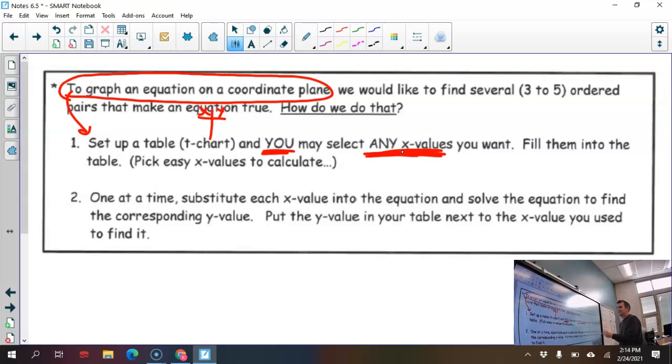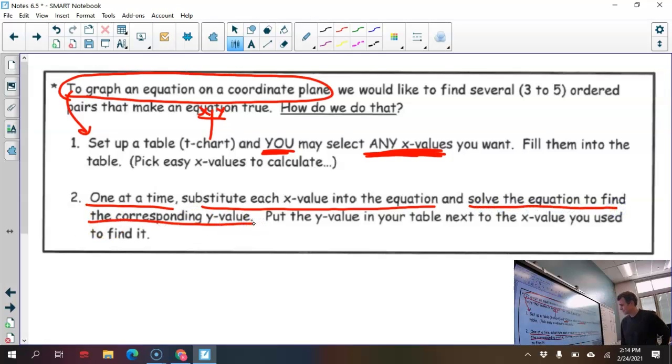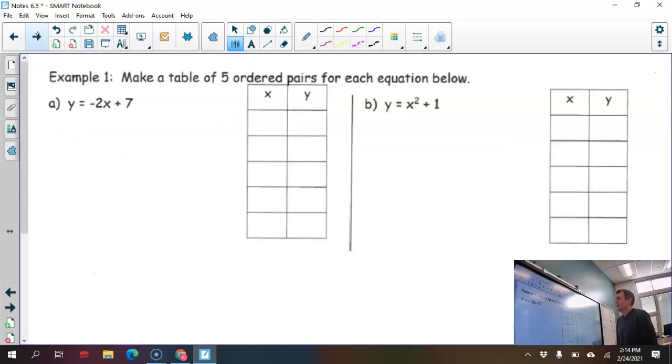And you just fill them into the table, and then after you fill them in one at a time, substitute each x value into the equation and solve to find the corresponding y value. All right, let's try one or two. So in this first one, I get to pick any x values I want. Maybe I'll just pick small ones like 0, 1, 2, 3, and 4. And then one at a time, I substitute these in for x.